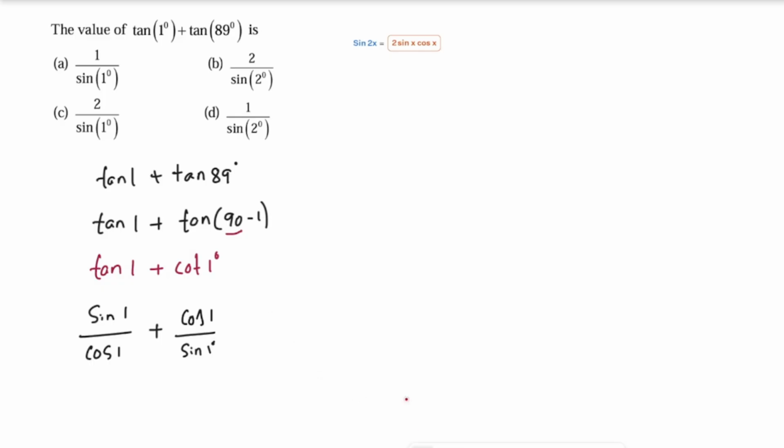If you take the LCM, we end up getting sin square 1 plus cos square 1 whole divided by cos 1 into sin 1. The numerator is sin square theta plus cos square theta, a very well known formula, which is 1, whole divided by sin 1 into cos 1 degree.